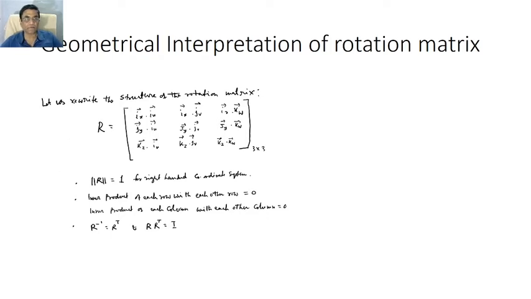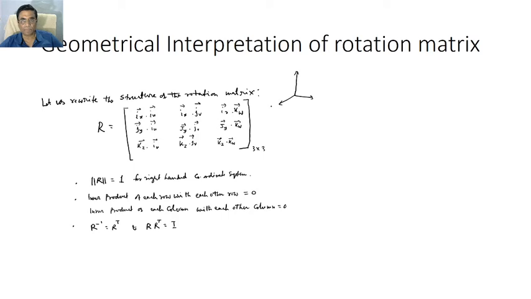You know that the structure of the rotation matrix R is Ix dot Iu row-wise, then Ix dot Jv, Ix dot Kw. Then row-wise Jy dot, and you know what is Iu. I think this is already known to you.